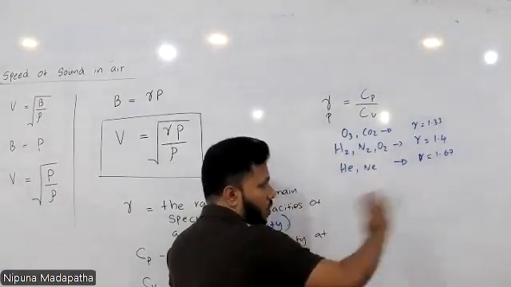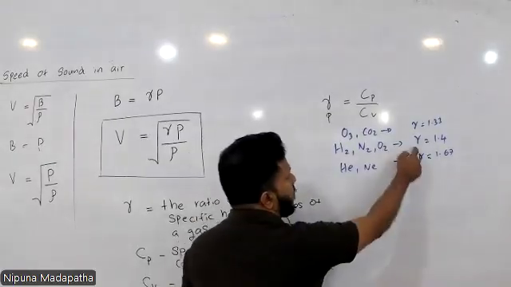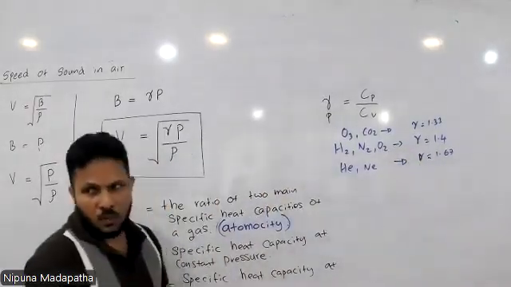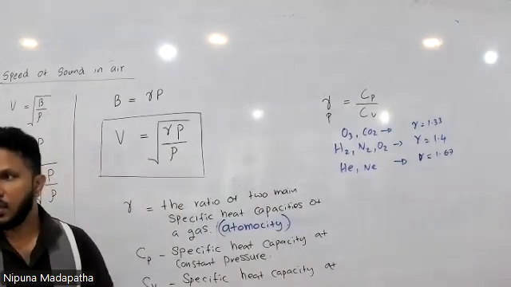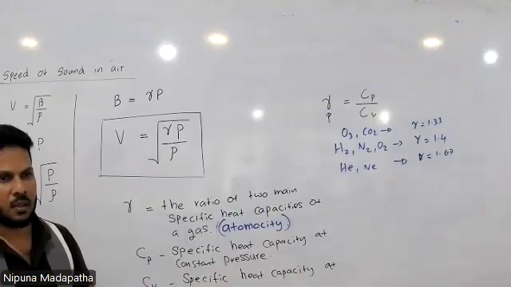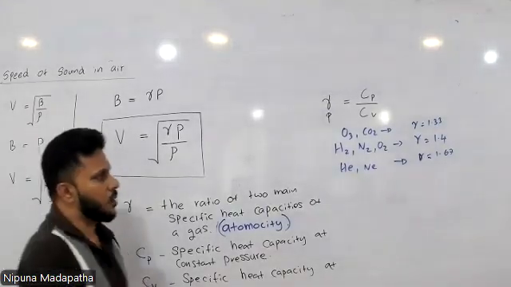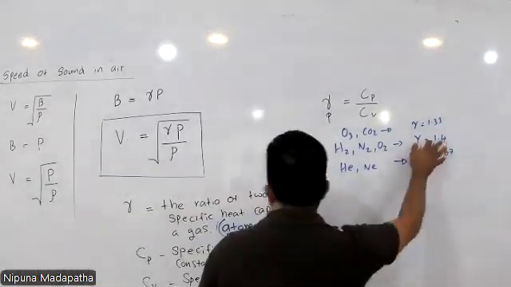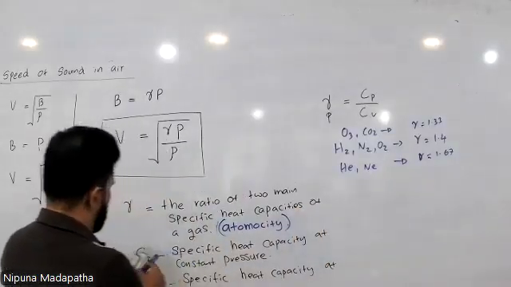So in normal air, the gamma value is equal to 1.4. We take gamma as 1.4 for normal air. So what is P here?